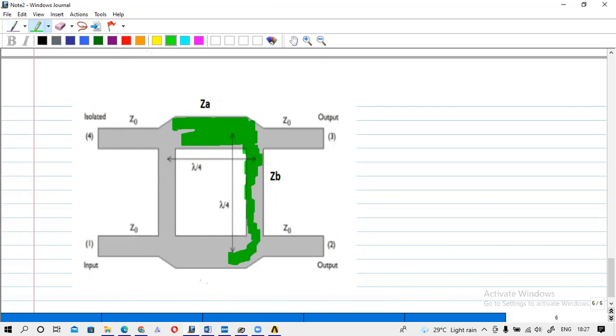Now you have to add this transmission line, this transmission line. So there are 4 transmission lines.